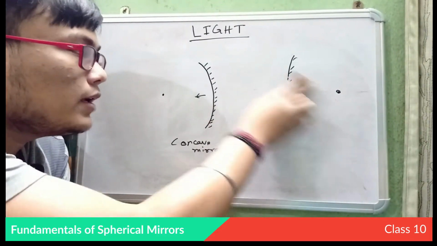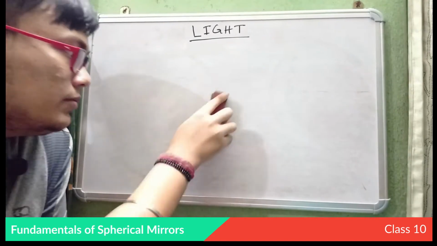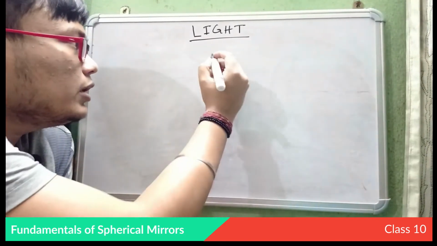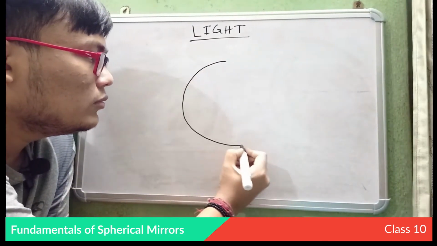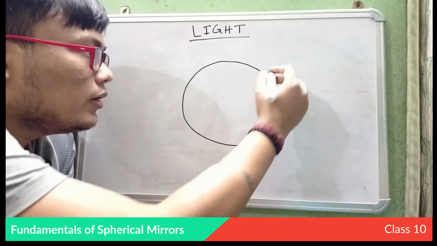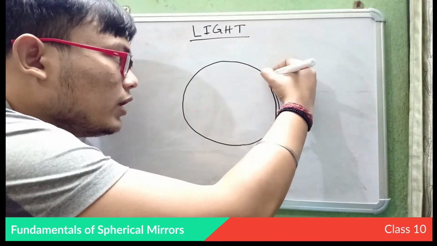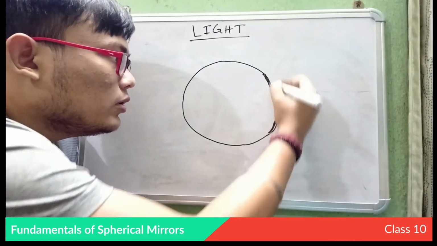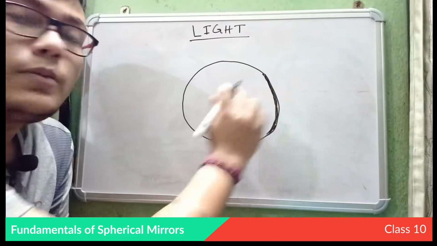If I consider a concave mirror, I told you the concave mirror is a part of a hollow sphere. So if I draw a sphere, and this is the concave mirror we are talking about, this is a part of the hollow sphere.